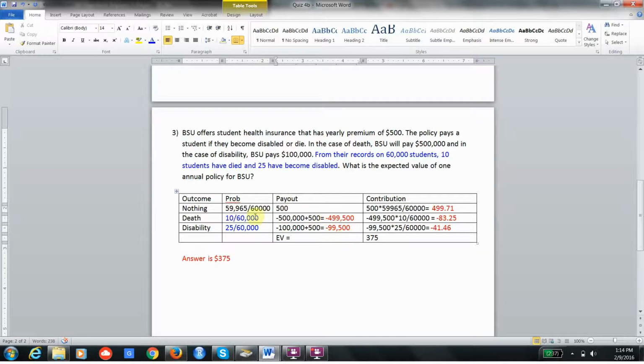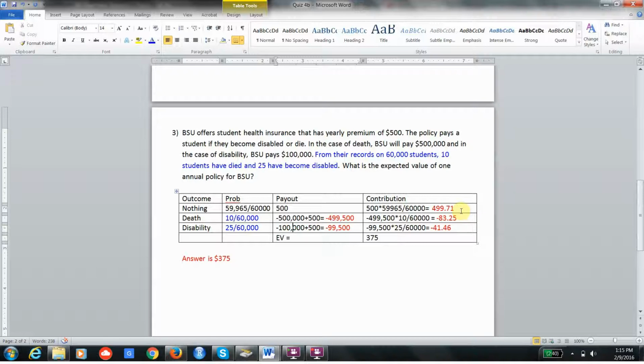Now the contribution is just a product from the payout and the probability. So I'm going to multiply these. And then I'm going to evaluate this numerically, because you can see these numbers are huge. This number actually here is really small. And so if you don't save the number, you can get error in rounding things off. Anyhow, when you multiply 500 times this probability, you get $499.71.